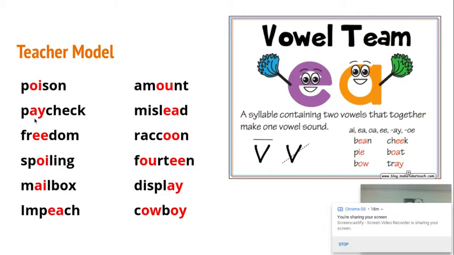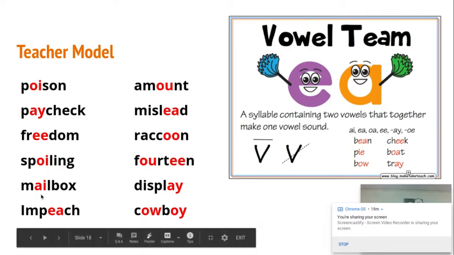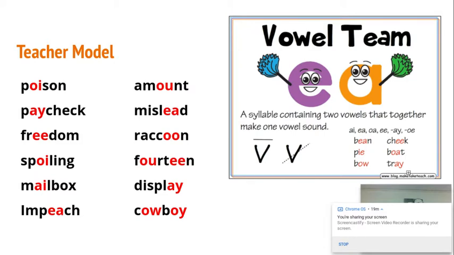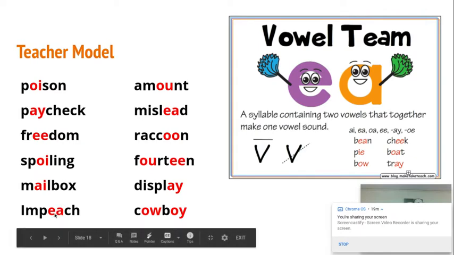Paycheck. AY makes the A sound. Freedom. EE makes the E sound. Spoiling. OI makes the OI sound. Mailbox. AI makes the A sound. Impeach. EA makes the E sound.